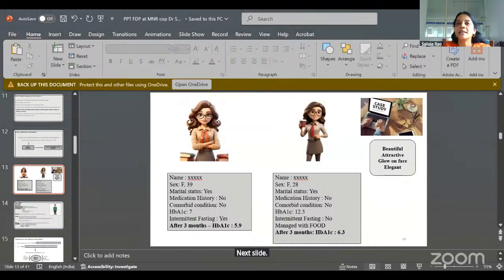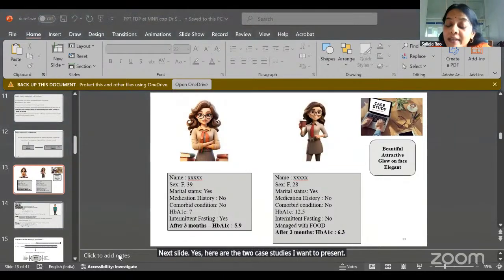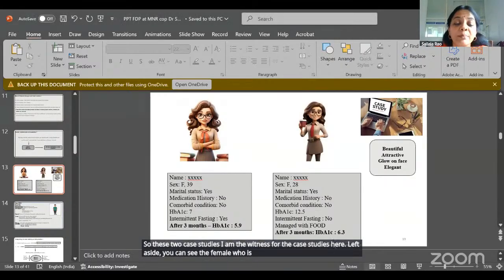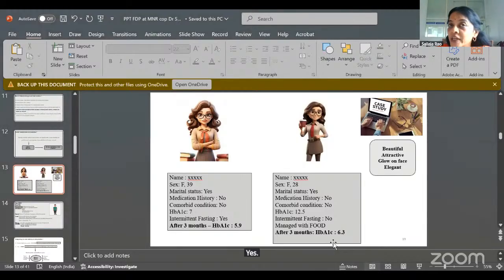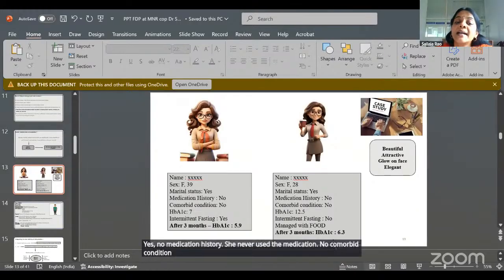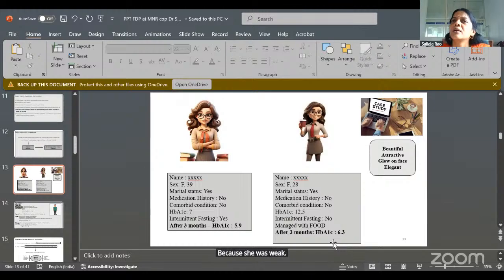Yes, here are the two case studies I want to present. I am the witness for these case studies. On the left side, you can see a female who is 39 years old, married. No medication history. She never used medication, no comorbid condition. Suddenly one day her HbA1c value was recorded as 7 because she was a little weak and fatigued.